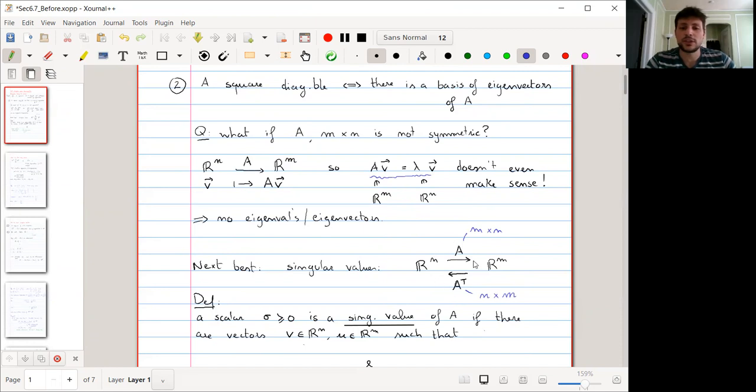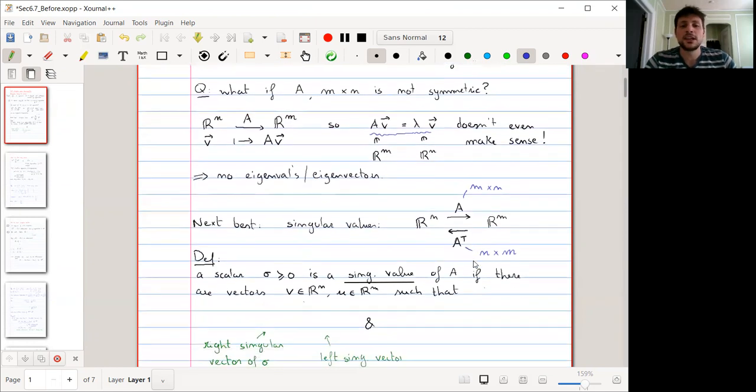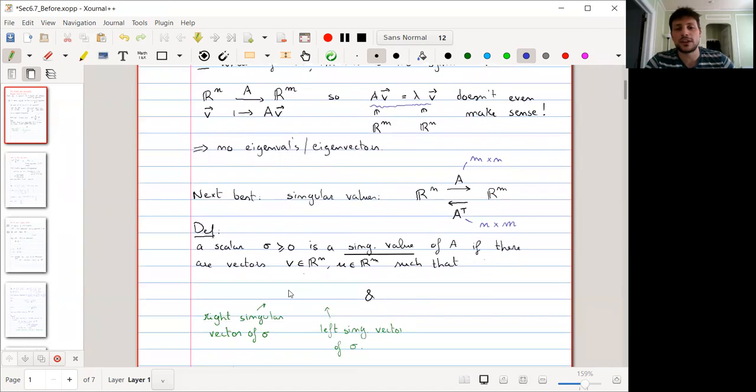So this is sort of the game that we're going to play, and we'll use it to give the following definition. We'll say that a certain number sigma, it will turn out that these are always bigger than or equal to 0, is a singular value of the matrix A if there's a pair of vectors v in Rn and u in Rm such that the following holds.